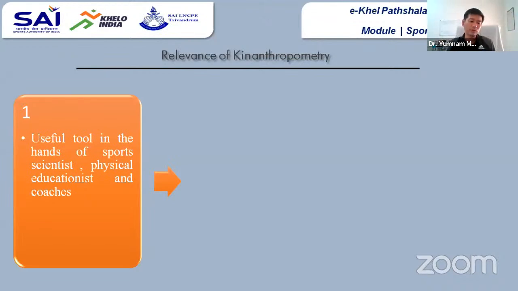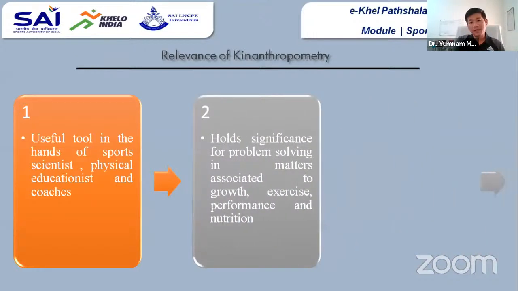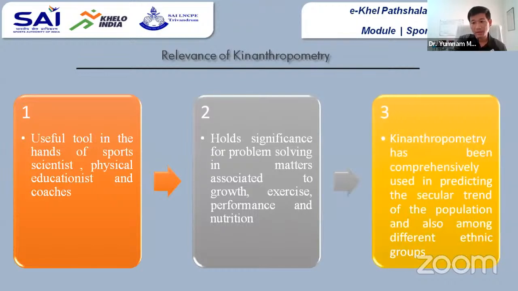Kinanthropometry is a useful tool in the hands of scientists, physical educationists, and coaches. It holds significance for problem solving in matters associated with growth, exercise, performance, and nutrition. Kinanthropometry has been comprehensively used in predicting the secular trend of the population and also among different ethnic groups.